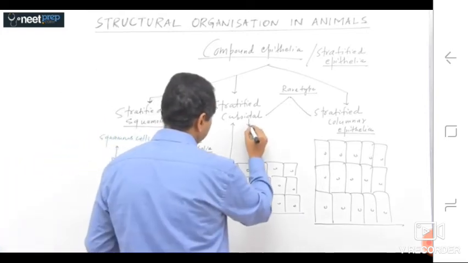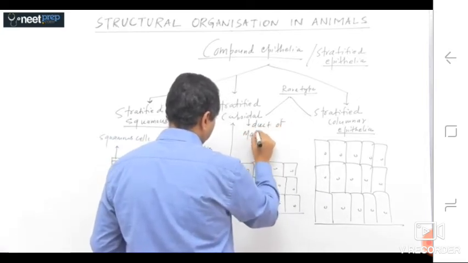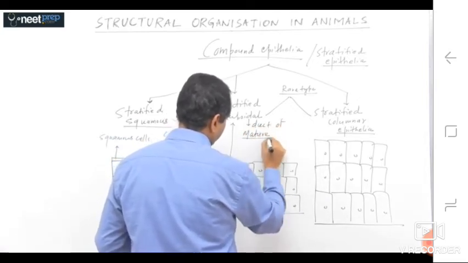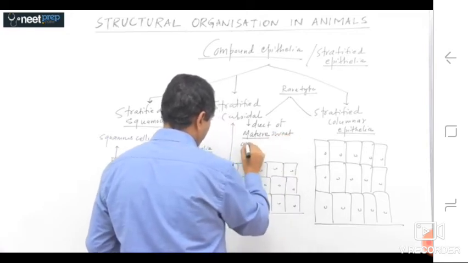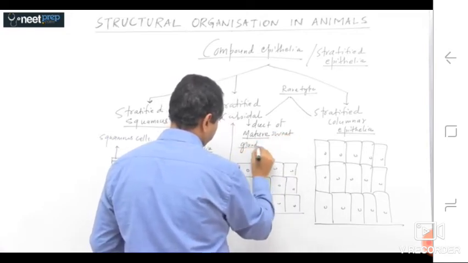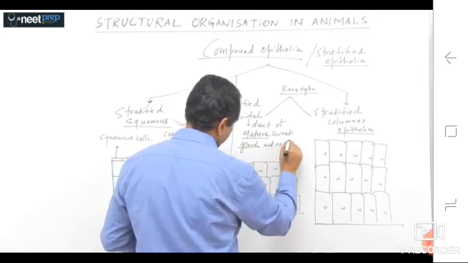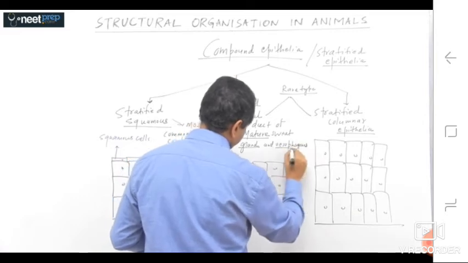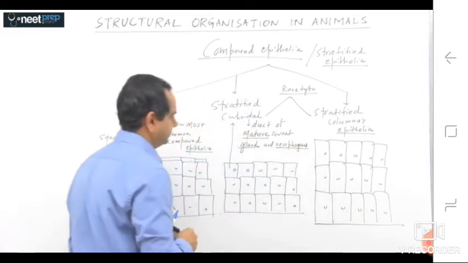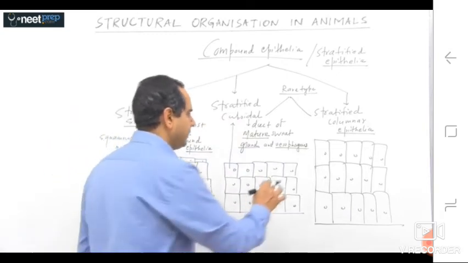Stratified cuboidal: duct of mature sweat gland and esophageal gland.